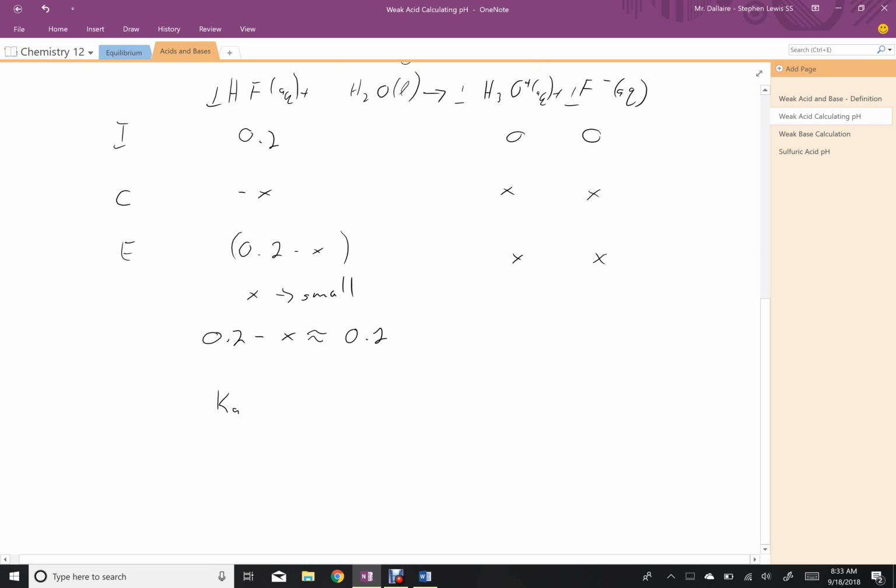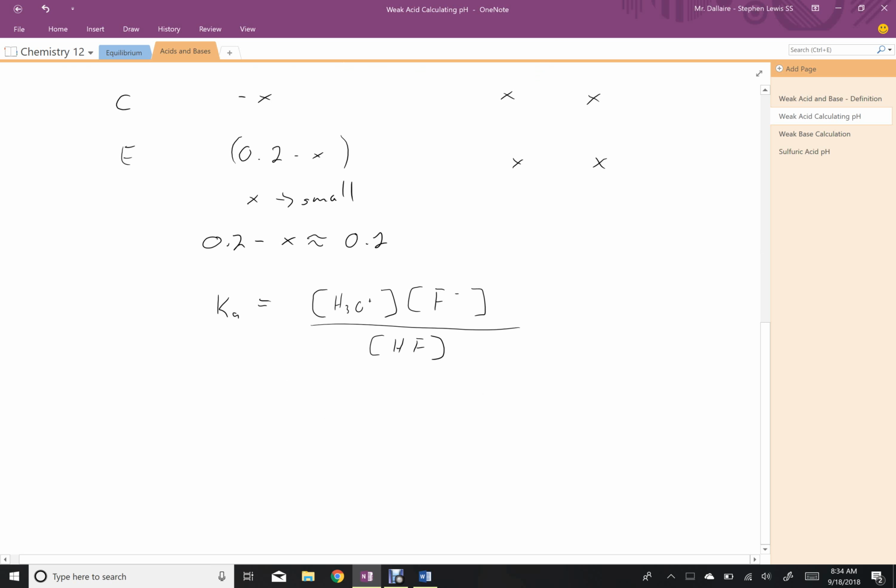For an acid, we call it a Ka expression instead of just a K expression, although it's just to name that as an acid. And here we're going to have the concentration, remember, only of our variable things. So the H3O+ concentration is variable, the F minus concentration is variable, and the HF concentration is variable, and we neglect the water because it's a liquid, which means it has a fixed density or fixed concentration.